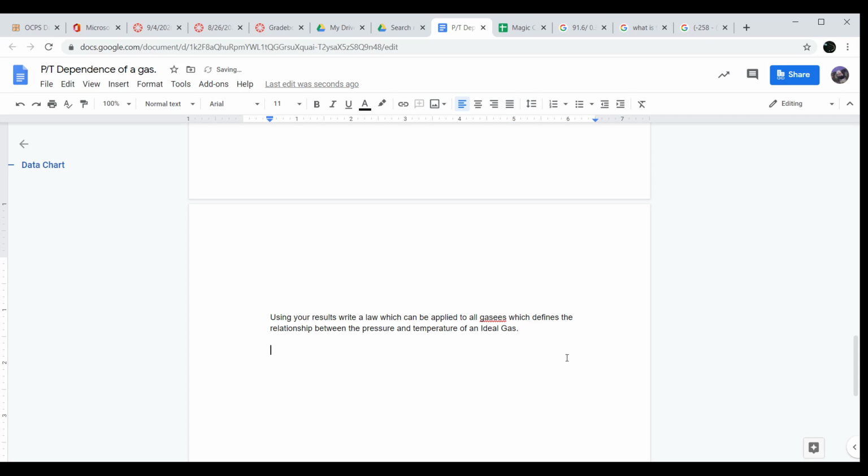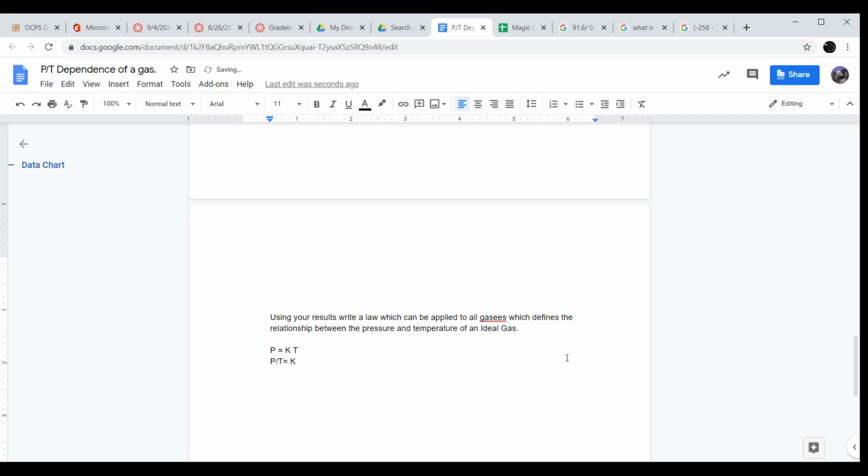This law is saying that pressure is equal to some constant. It doesn't matter what. Whenever you see K, just think some constant, times temperature. So it basically means there is a relationship between these two. Usually you would want to put these two on the same side, so pressure over temperature equals a constant.